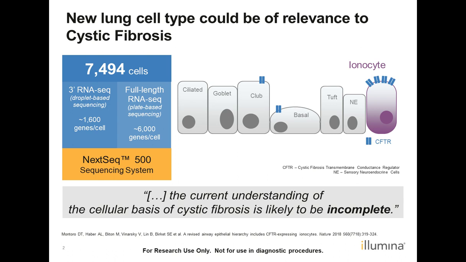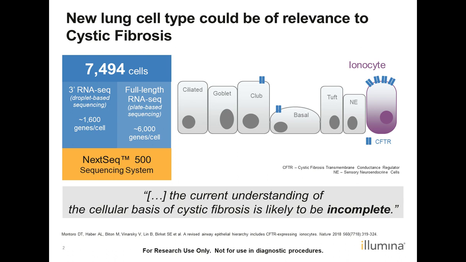This means that the current understanding of the cellular basis of cystic fibrosis is likely to be incomplete, since instead of being a common cell type expressing CFTR being involved in cystic fibrosis, it might be predominantly this new, unknown until now, cell type that is involved in this disease.